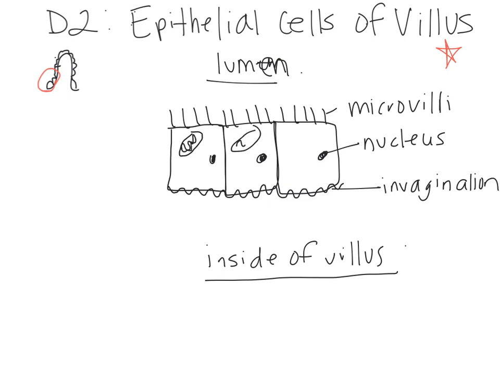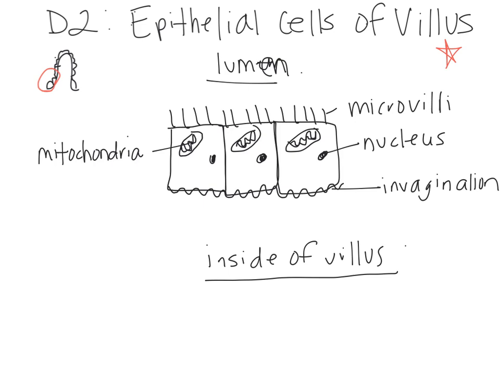So inside each one of them, I'm going to draw a mitochondria with its double membrane and its matrix. These mitochondria are very important. They generate ATP for active transport in case there are molecules in the lumen that need to be pumped into the cell or then pumped out of the cell into either the capillary network or the lacteal.